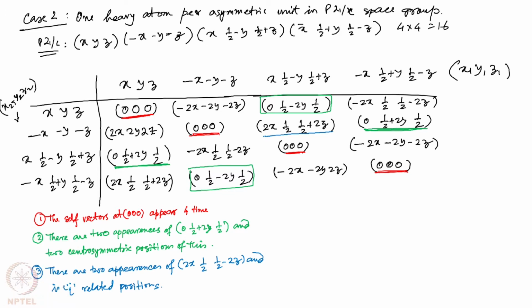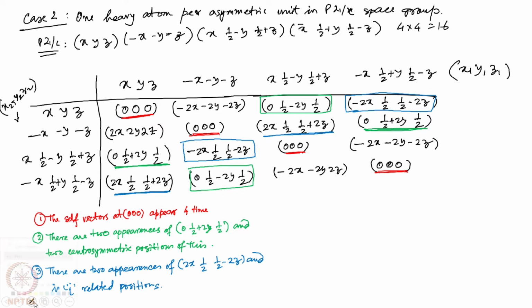So this is one point which is 2x, half plus 2z. Similarly here it is 2x, half plus 2z, and its corresponding centrosymmetry related ones are here, which is minus 2x, half minus 2z, minus 2x, half minus 2z.